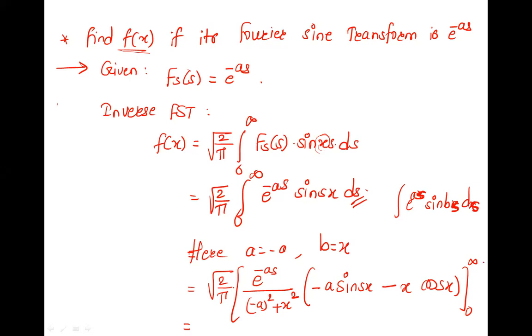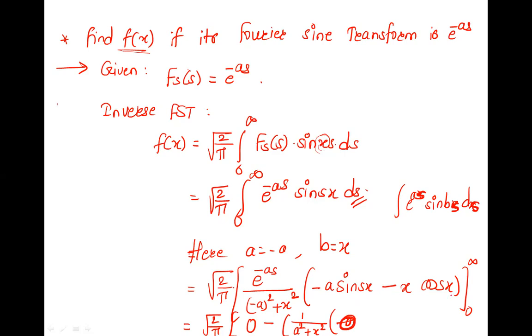If you put the upper limit infinity, what will be the value here? 0. Very good, e raised to minus infinity is 0, so root 2 by pi, 0 into anything is 0. Minus, with the lower limit s as 0, e raised to 0 is 1, over a square plus x square, into sin 0, which is 0, minus a into 0, which is 0.